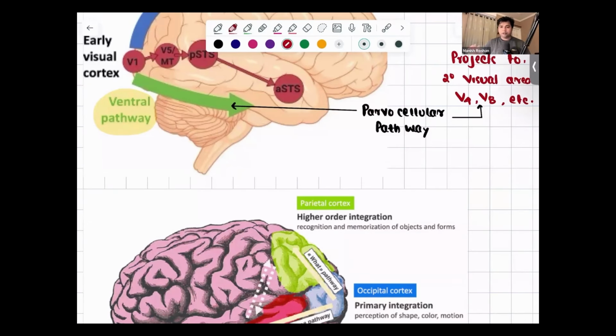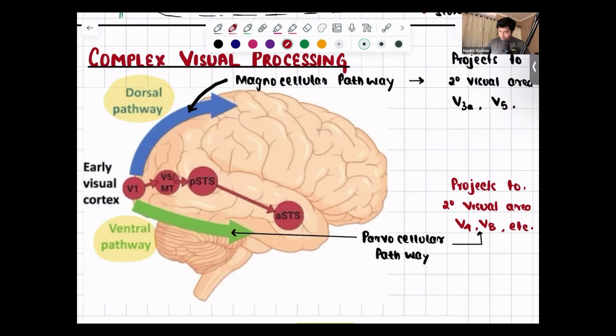For now, let's keep it simple. This is what is happening and what we need to know. We are usually told just to keep it like this, but remember, as a resident, we need to know about all of these things.